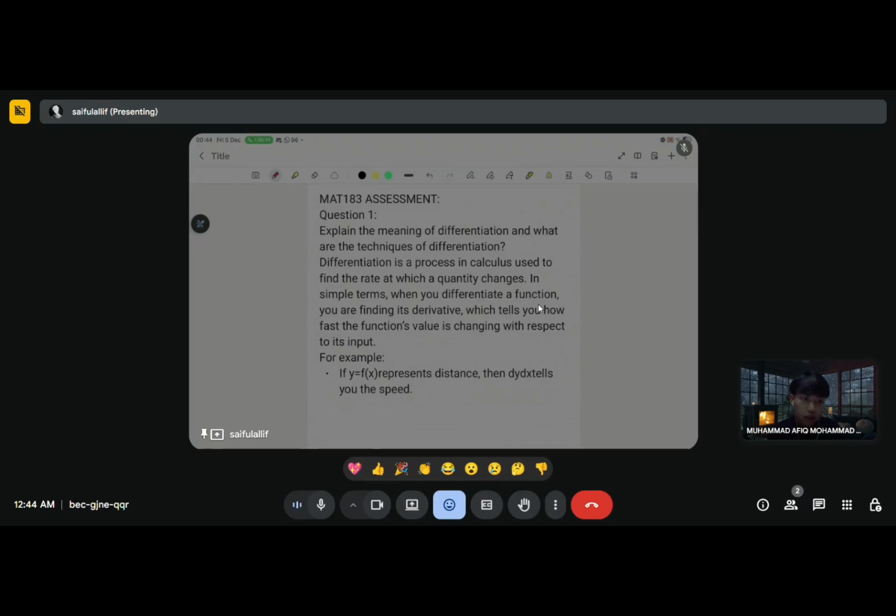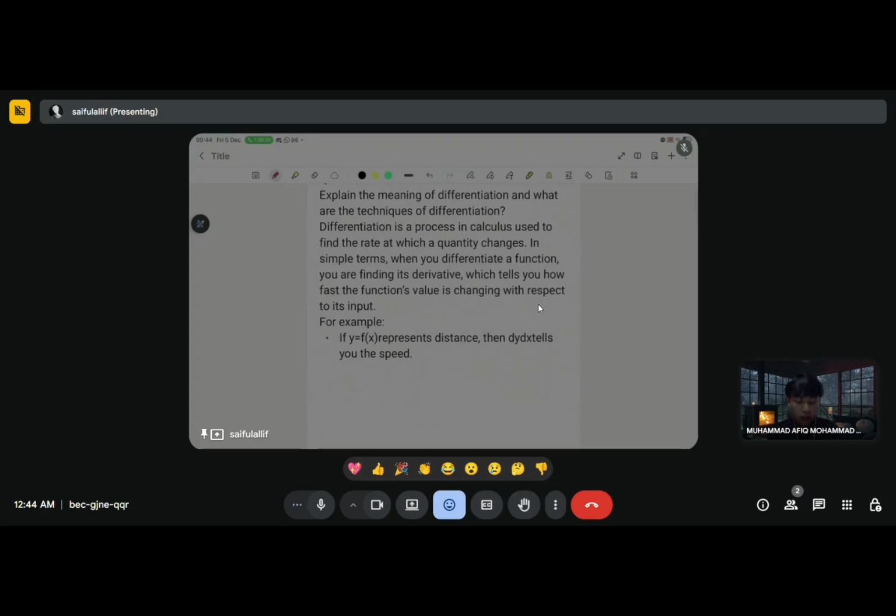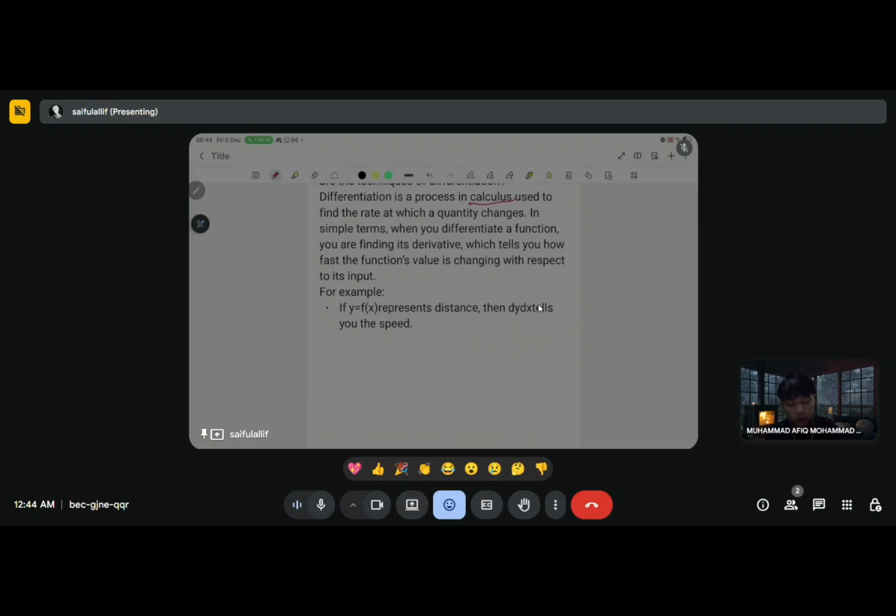Today I'm going to answer questions from assessment 2. For question 1, I need to explain the meaning of differentiation and what the techniques of differentiation are. Differentiation is a process in calculus used to find the actual rate at which a quantity changes.